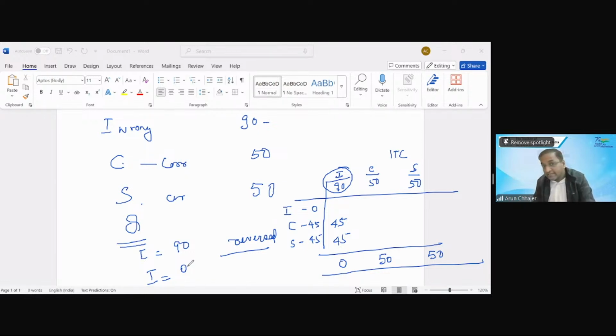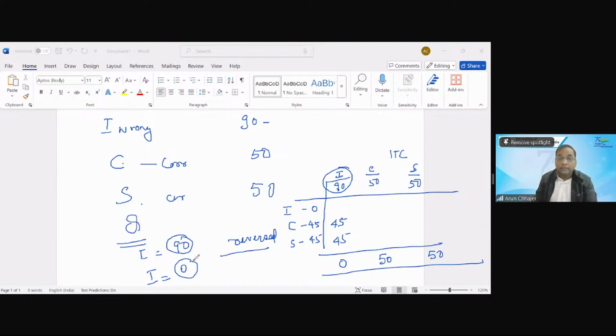Why did the doubt arise? Because you have taken some ITC, but now the balance is 0. If you see individually IGST, then you can say IGST does not have the balance. It means whatever the ITC was there, it has been utilized.